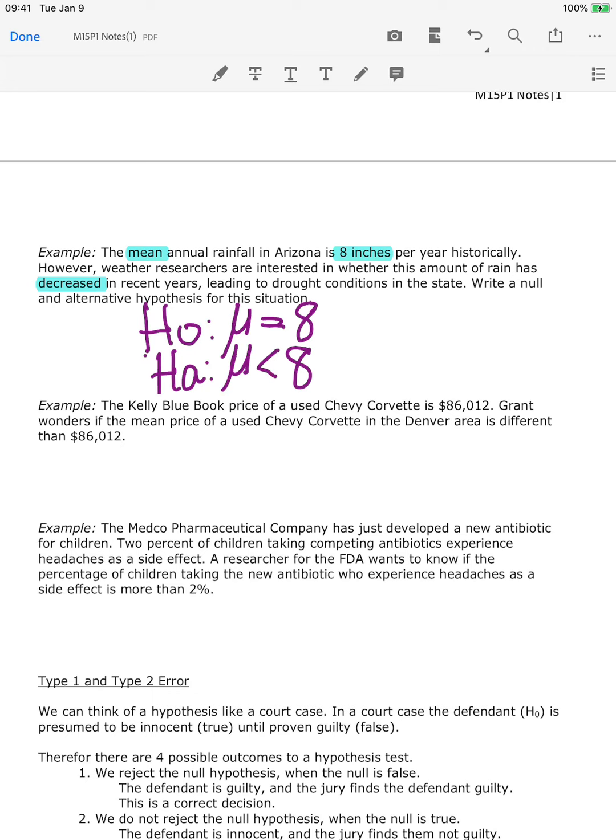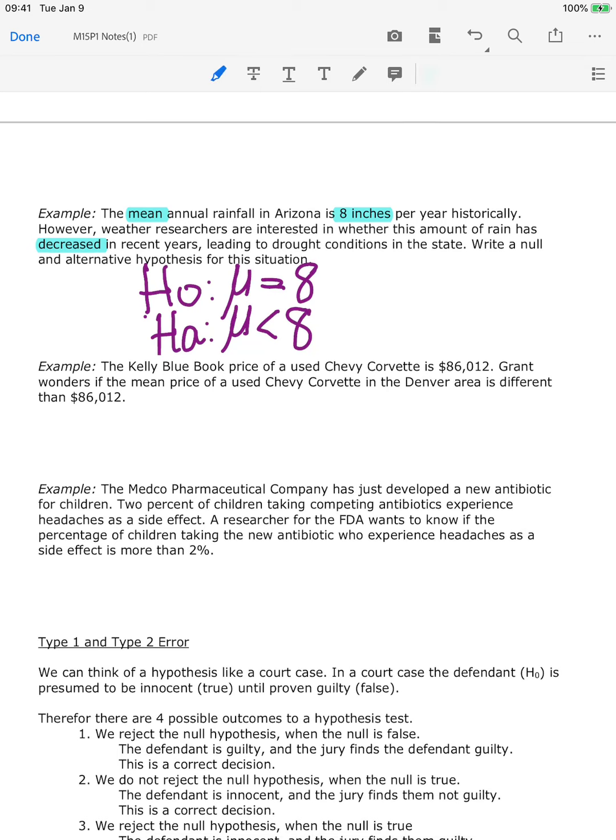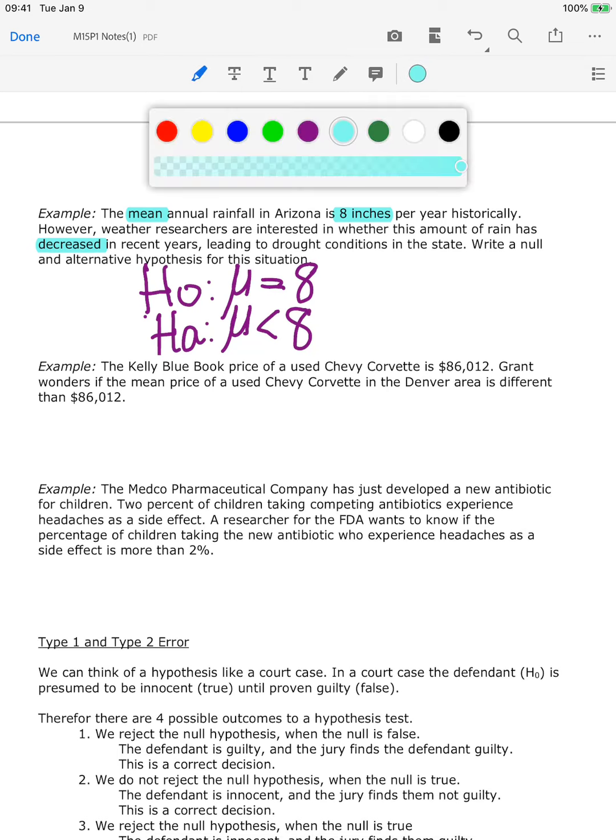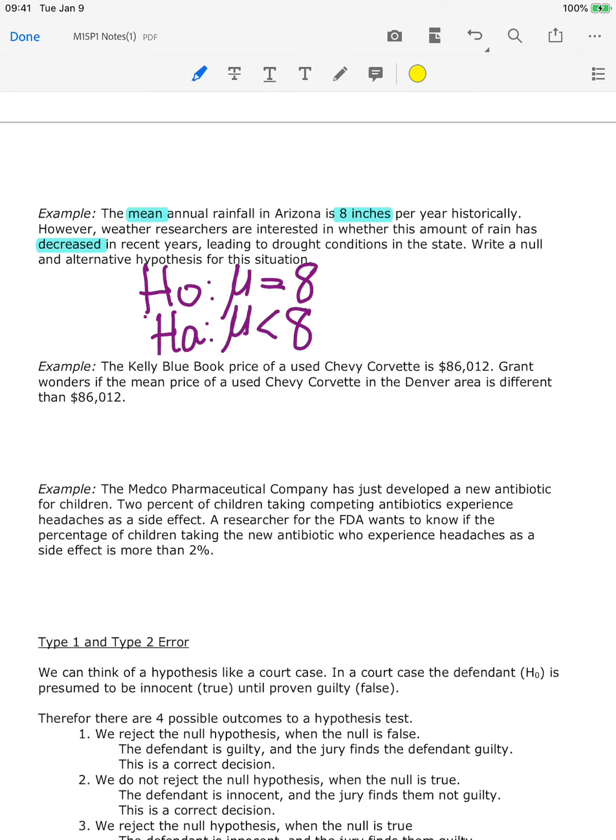And that is our null and alternative hypotheses. So the null is, okay, based on previous years, the mean rainfall was 8 inches. Now the mean rainfall is less than 8 inches, and that's what we're going to try and prove through data collection and analysis.